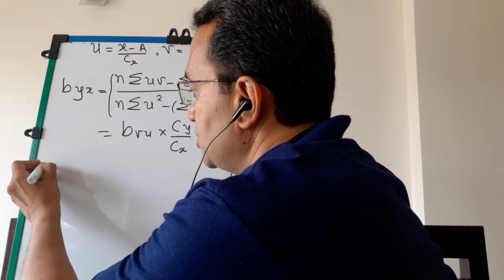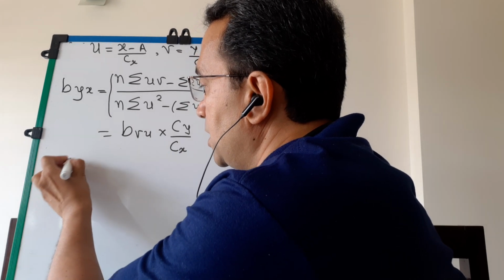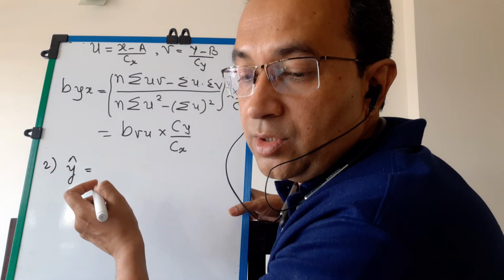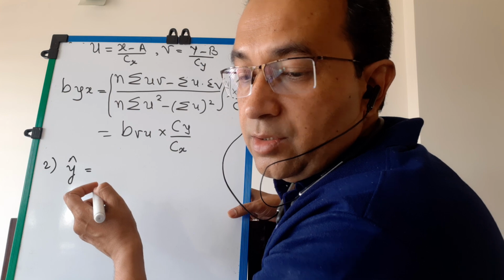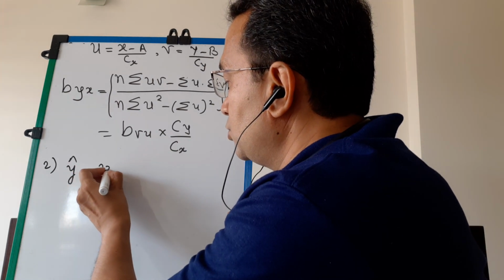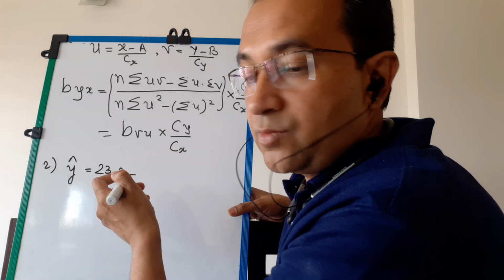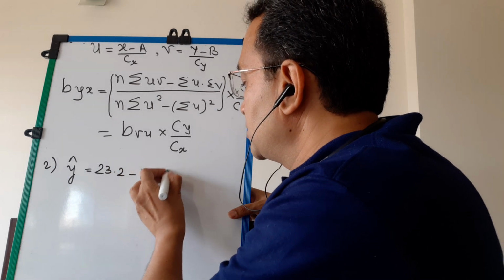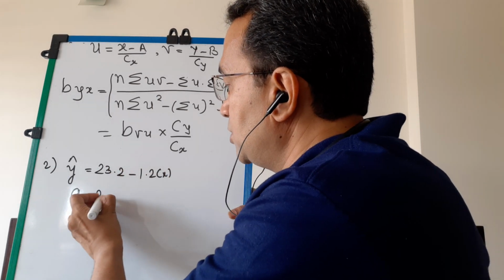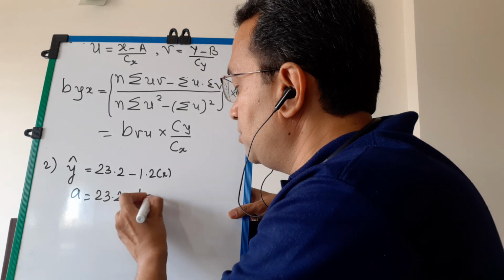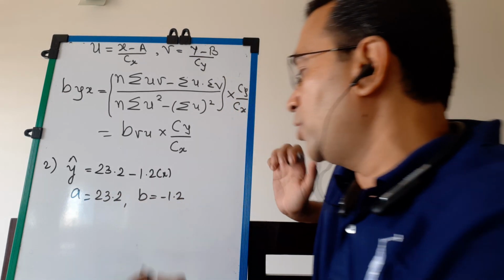So section C, question 2, the regression line is y cap is equal to 23.2 minus 1.2x. So from this I can write A is equal to 23.2 and B is equal to minus 1.2.